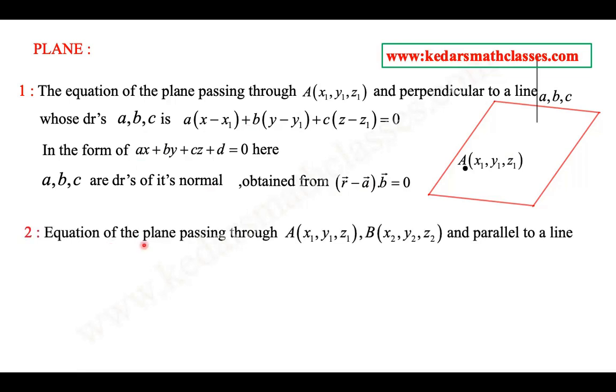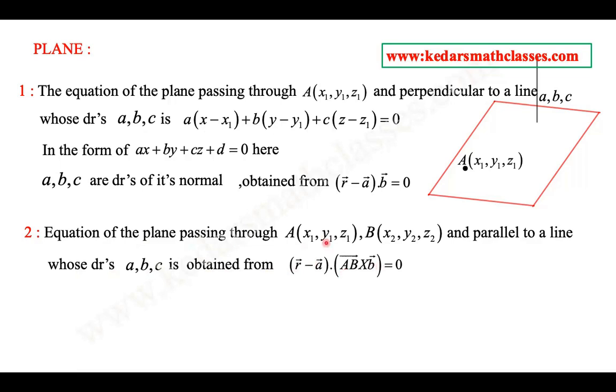The equation of the plane passing through 2 points A, x1, y1, z1, and B, x2, y2, z2, and parallel to a line whose DRs are a, b, c is obtained from r minus a dot AB cross b.